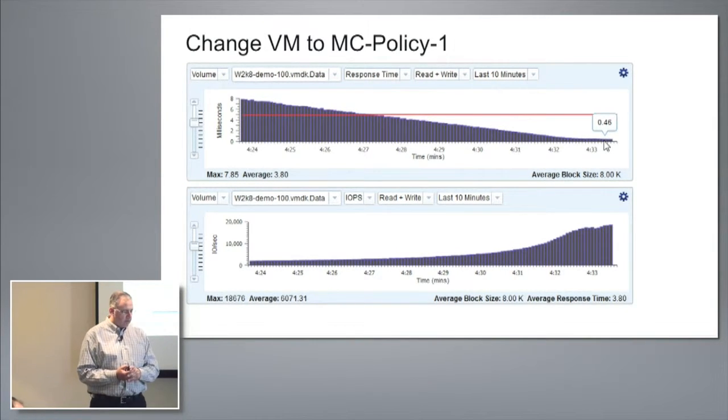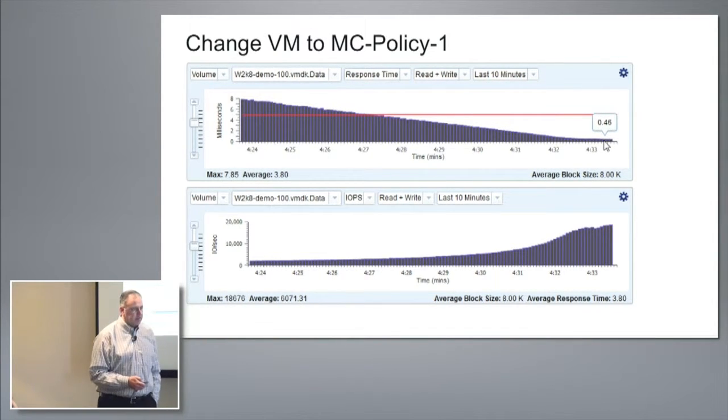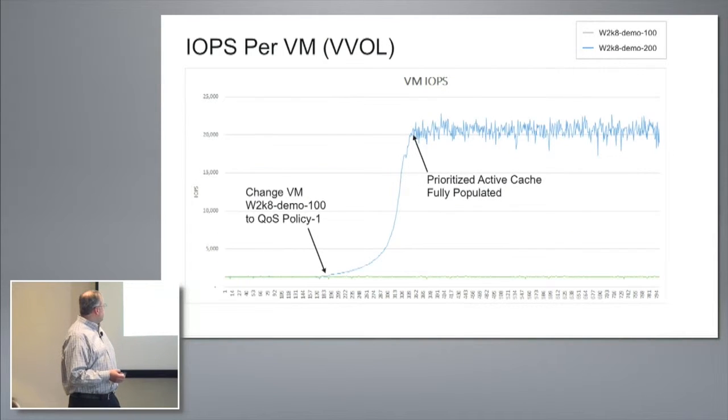Over a matter of minutes, as we populate more data back up into flash, that latency comes down within target, and is sub-millisecond towards the end. We go from about 1,200 IOPS to close to 20,000 IOPS. This is an example of how a customer can control and influence the performance of their virtual machines on the fly.